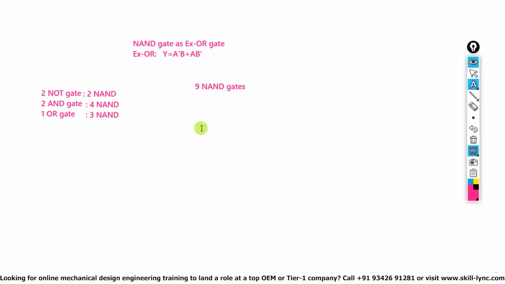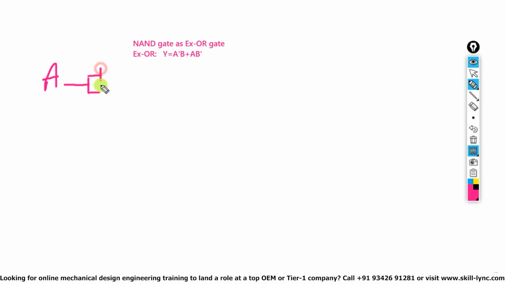Okay, let's start with the circuit implementation of the exclusive OR gate using NAND gates only. For A bar B, we require the complement term. Let's take A. Because we have to implement using NAND gates only, we can't use a NOT gate, OR gate or AND gate. So this is the way to put an inverter.